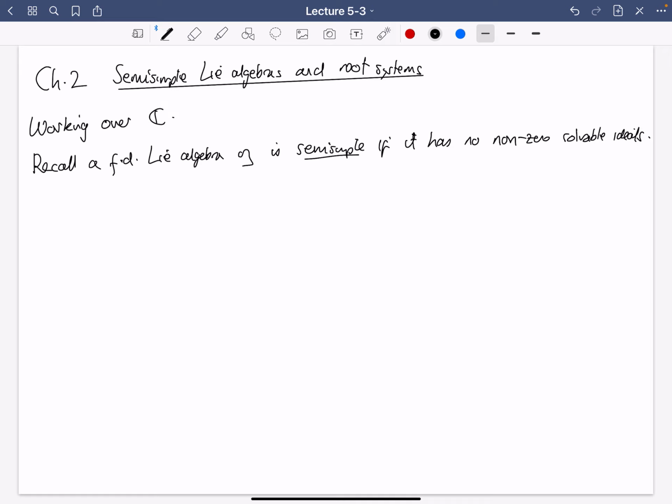So I've given you that definition before, but now I can start giving you examples. So we're in a position to prove the first lemma, which is a very useful criterion for showing that naturally occurring Lie algebras are semi-simple.